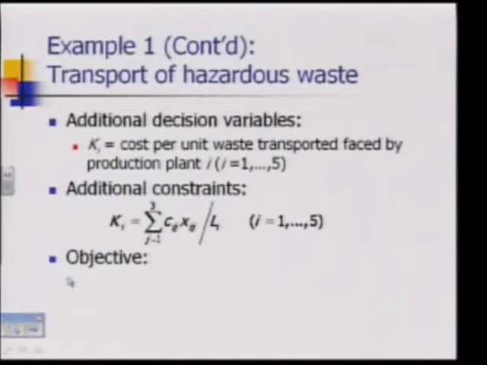Think about each plant I, you have all these costs associated with the load you assign to that, and then here's the total load, and then you have the unit cost per waste transported by this plant. Okay, so now this is the maximum value we want to minimize.